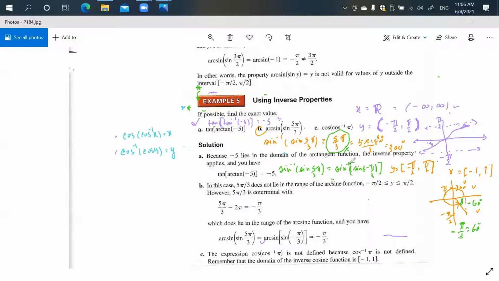Now you can use the property of sine, right? Because negative pi over 3 drops in between this, the definition of arc sine x. So then it works. Then you can use the inverse property of trigonometric functions. So this cancels and simplifies, and you are left with negative pi over 3. Everyone get it now? Okay, this is how to show the work for question B.